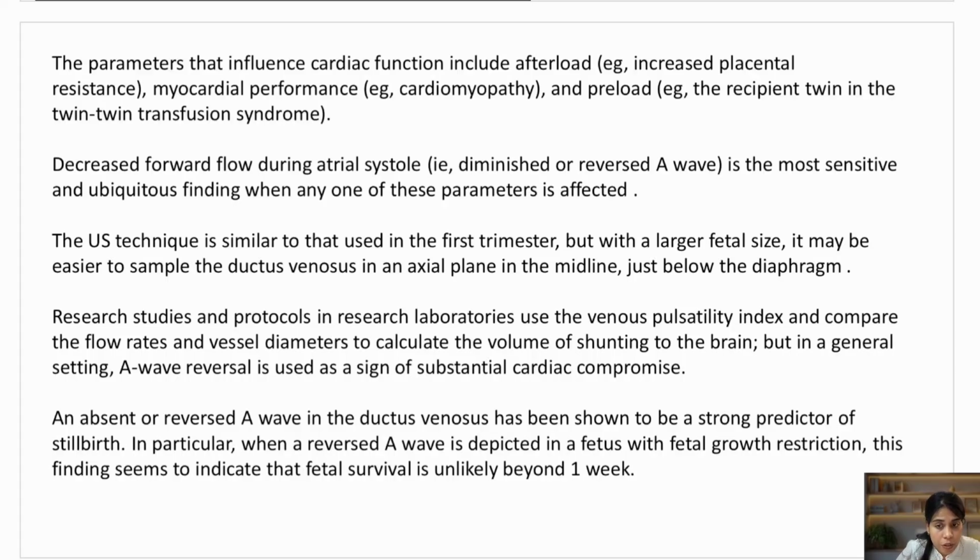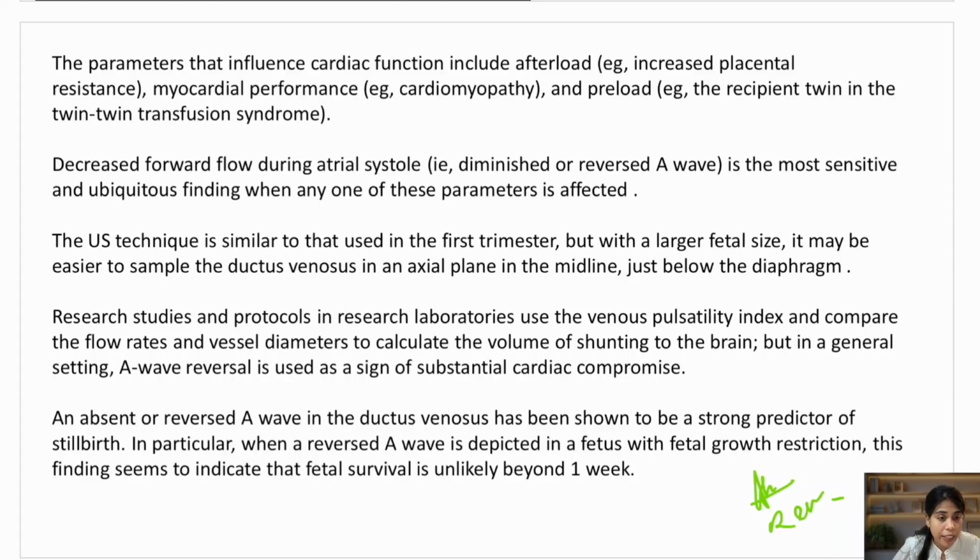Okay. In the second trimester, this absent or reversal of A wave is a strong predictor of stillbirth. We all know that while doing the Doppler in the second and third trimester, the first Doppler that becomes abnormal is the umbilical artery. For example, placental resistance is increased, and now the umbilical artery shows absent or reversal of the end diastolic flow.